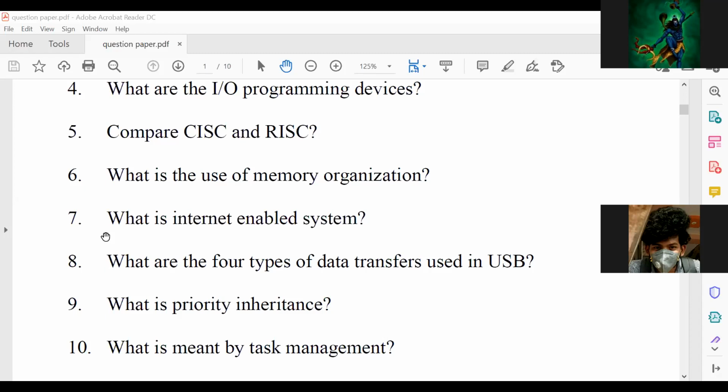One way of communication is through the internet protocol, IP, TCP, transmission control protocol. The internet protocol serves the purpose to communicate from master to client or client to master, whatever may be. But what is an internet enabled system now? I can communicate both ways, whereas in Wikipedia, a single communication will be there.